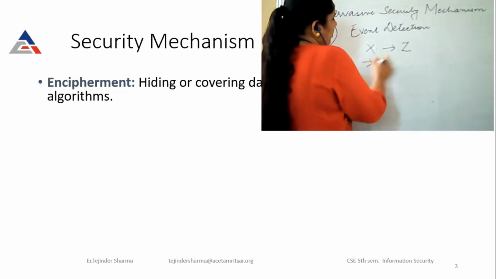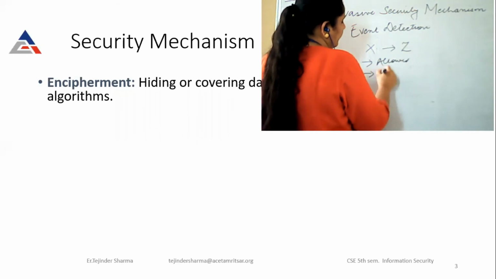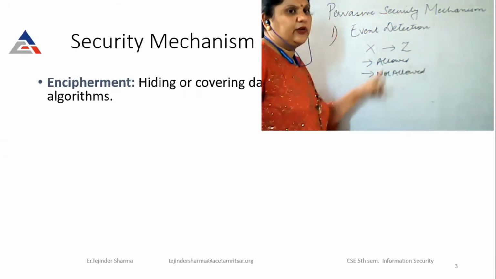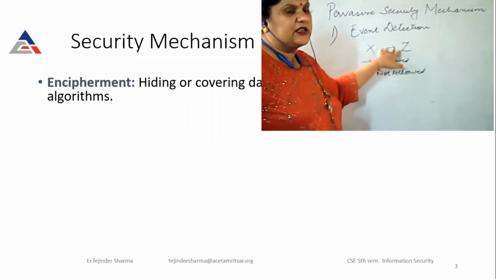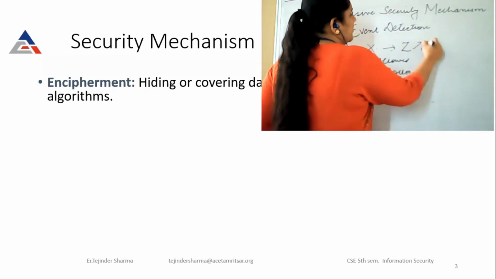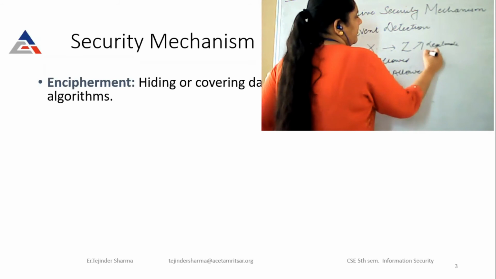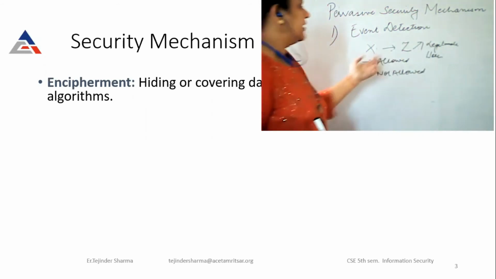The event is either allowed, permissible, or not allowed. For example, the person tries to hack the server. Now he has a username and password, which means he is a legitimate user, so maybe he is allowed.